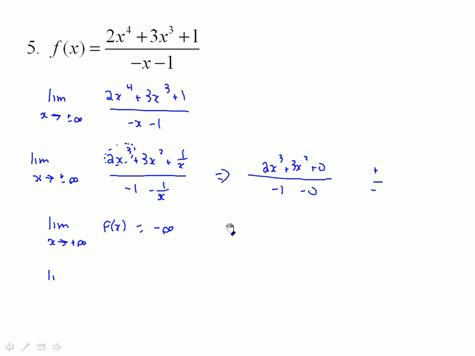And then when you take the limit as x gets smaller and smaller and smaller of this function, you'll see that your numerator, well, 2x cubed is going to be a negative number, increasingly further to the left on the number line, but then the negative on the denominator is going to give you a positive number.